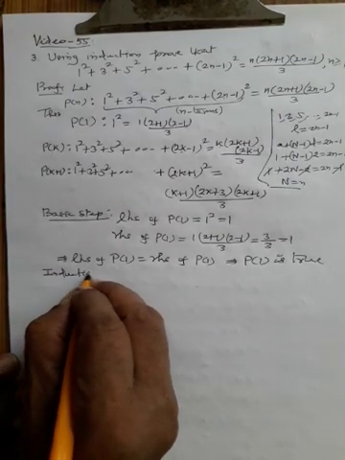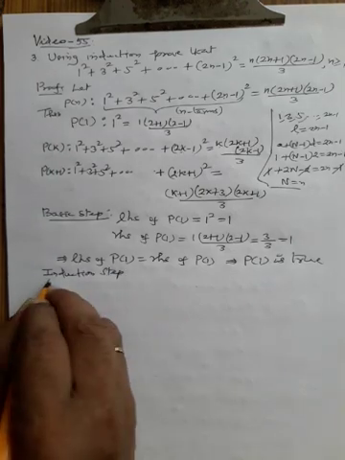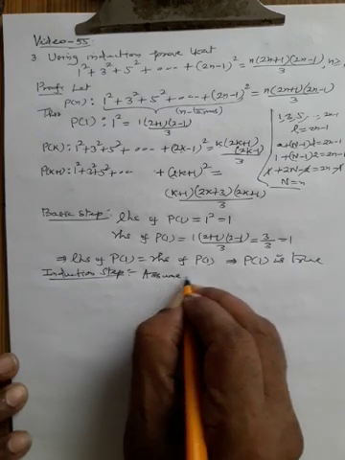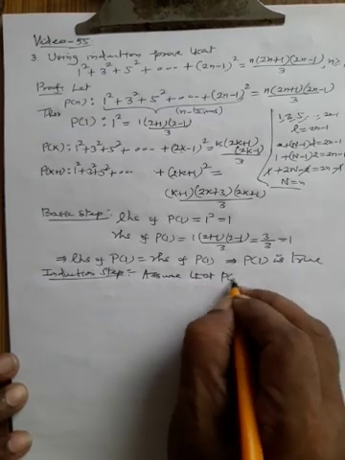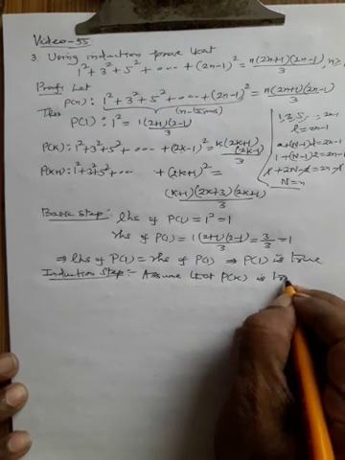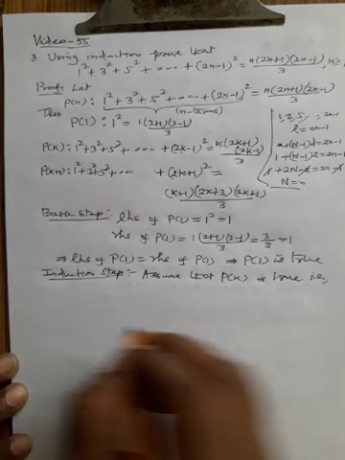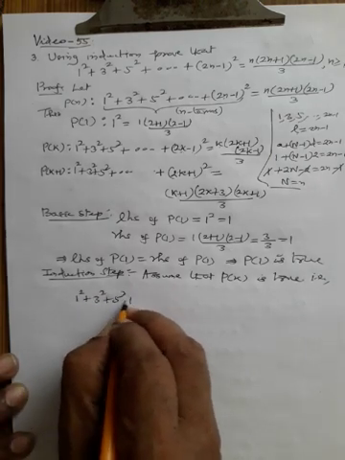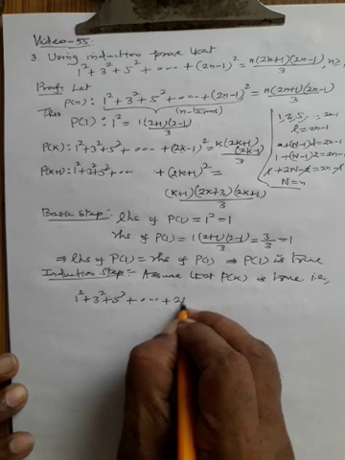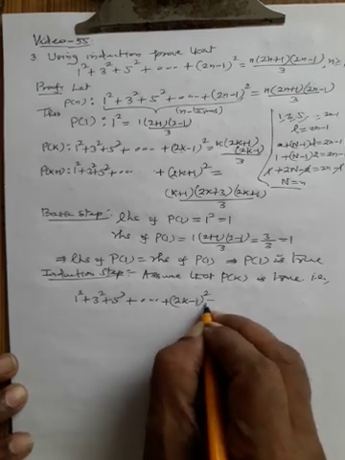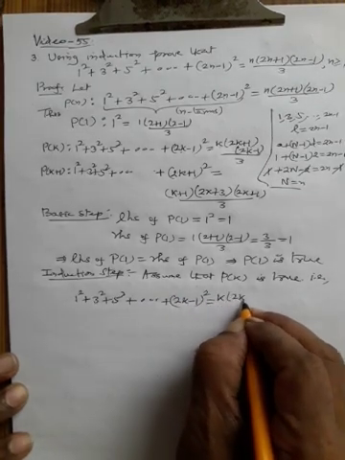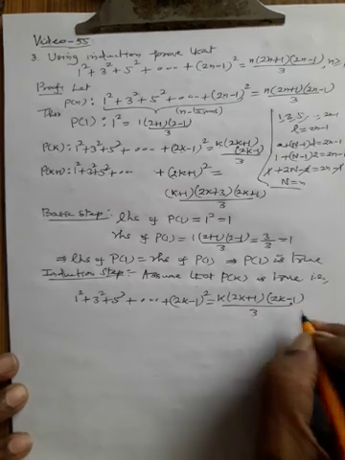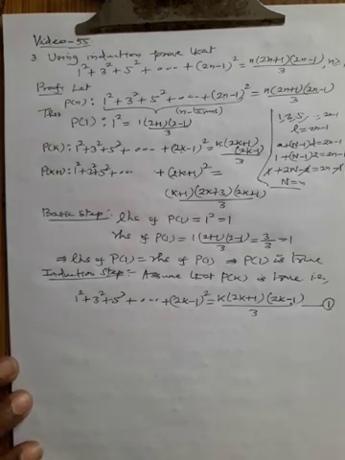Induction step. Assume that P of k is true, that is, 1 squared plus 3 squared plus 5 squared plus etc. plus (2k minus 1) the whole squared equal to k into (2k plus 1) into (2k minus 1) whole divided by 3, equation number 1.